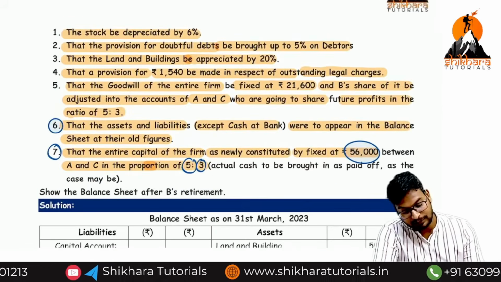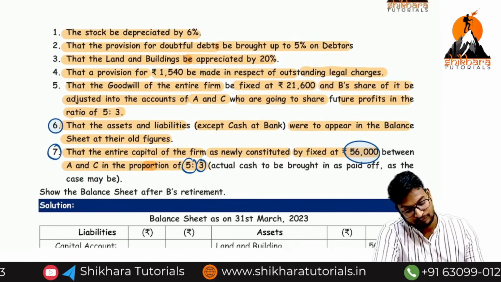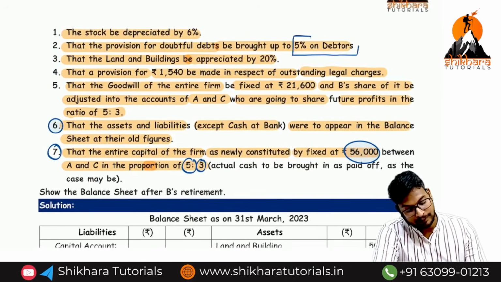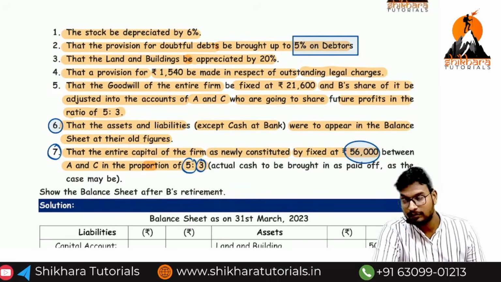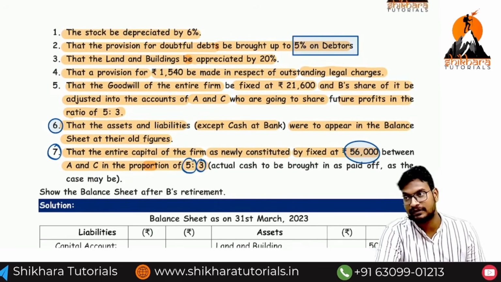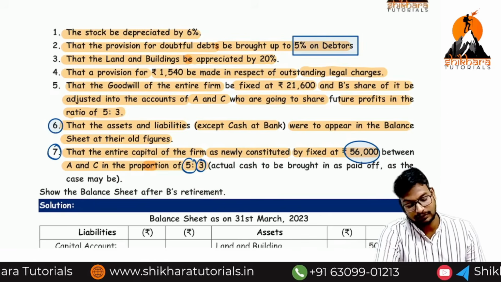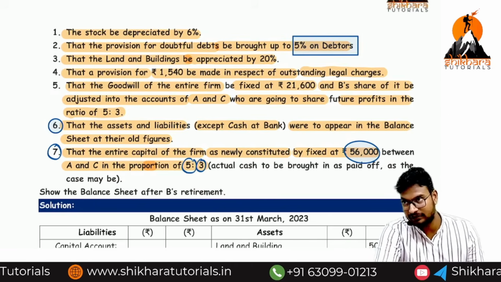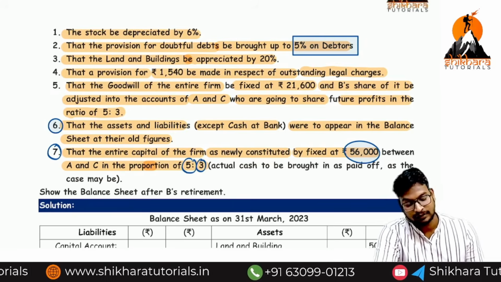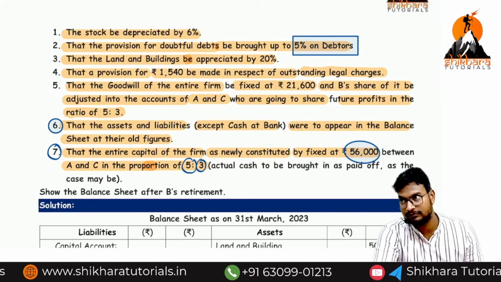How much did they say to provide, Amma? Up to 5%. So 5% we have calculated on debtors. How much? 500. Okay. They said that thing only. We need to do that one. But again, they are reducing there.